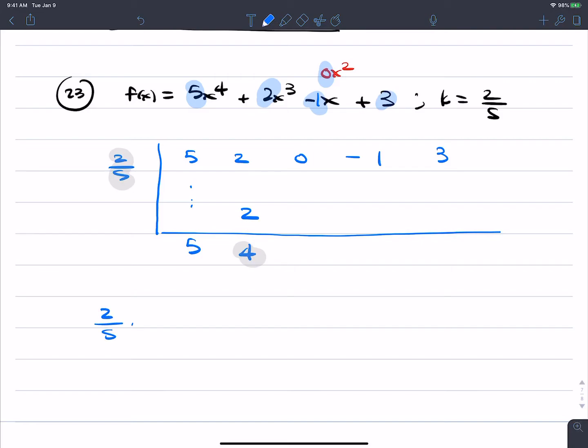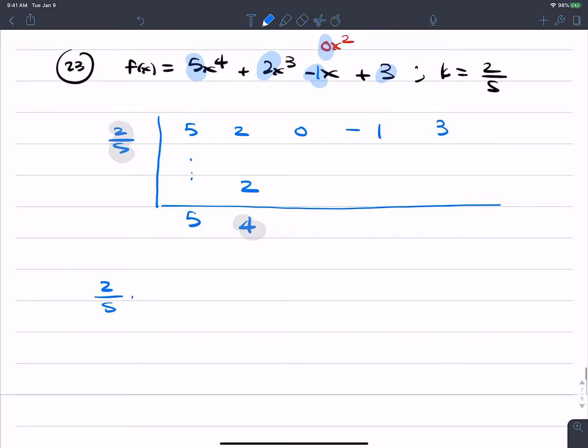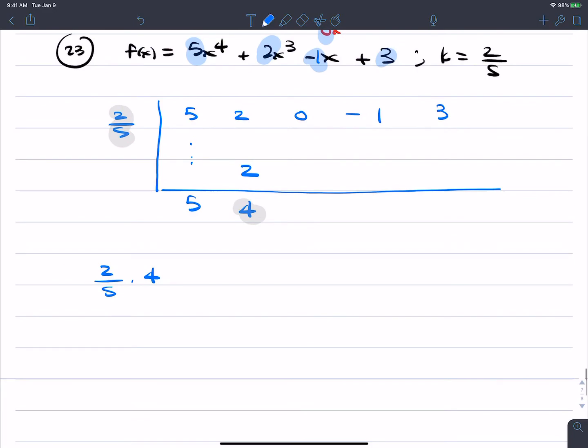Do the arithmetic. 2/5 times 4 now is going to give us 8/5. This is where we put our fraction. We're now going to add 0 plus 8/5, and we're going to get 8/5 here.